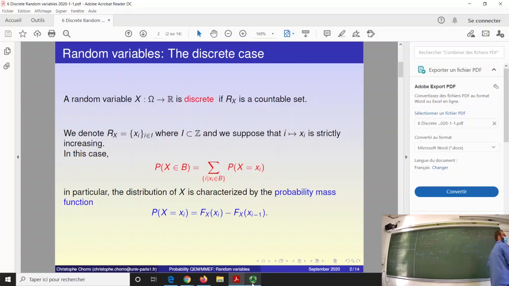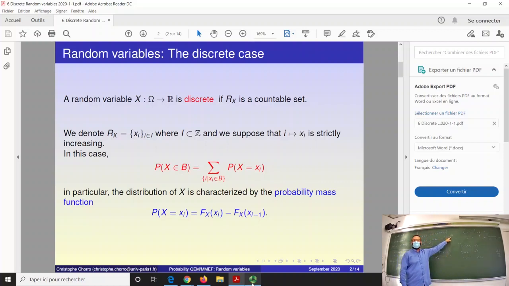And what is the consequence of this one? It means that if you know all these terms, you will be able to compute all these probabilities. So whatever complicated is capital B, if you know all these terms, you will be able to compute the associated probability here.